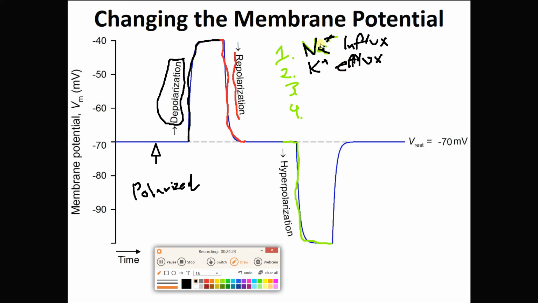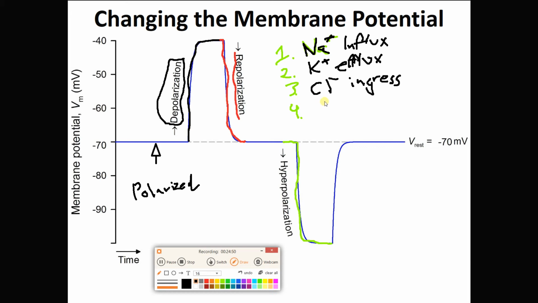In the first one, sodium comes in. In the second one, potassium leaves. In the third one, what would happen if there was an ingress of chloride? And ingress just means going in. I'm just using fancy words for going in and going out here. So chloride going in.